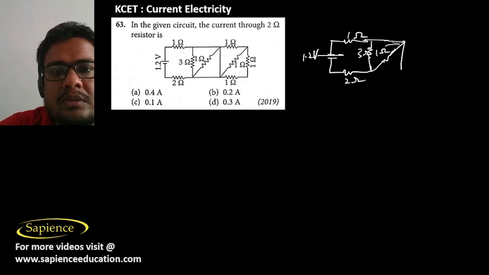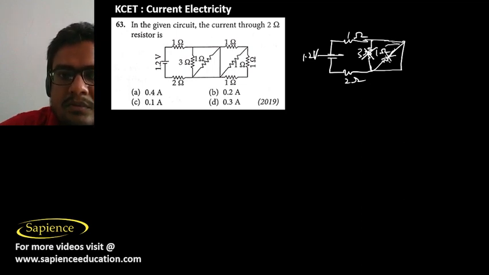Actually, through this part no current will flow, since this part is a conducting wire. So all the current will flow through this part only. From here also no current will flow.